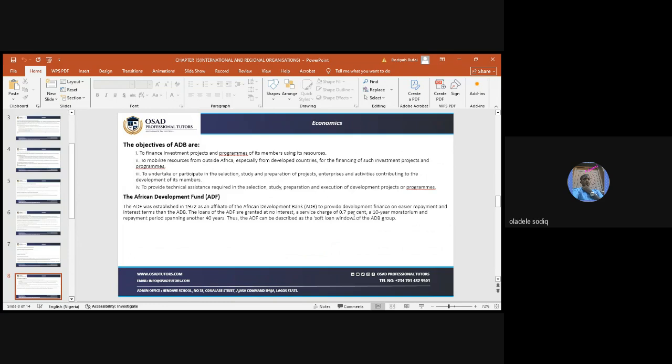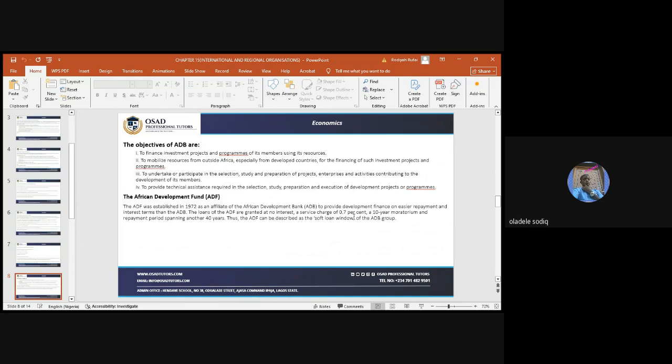So it's an affiliate bank to what? To the African Development Bank. The African Development Fund, ADF, is an affiliate of ADB, and it was established in 1972.